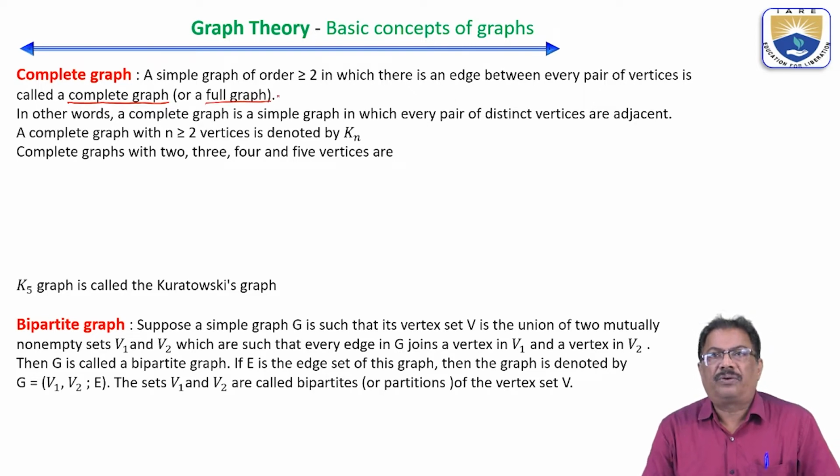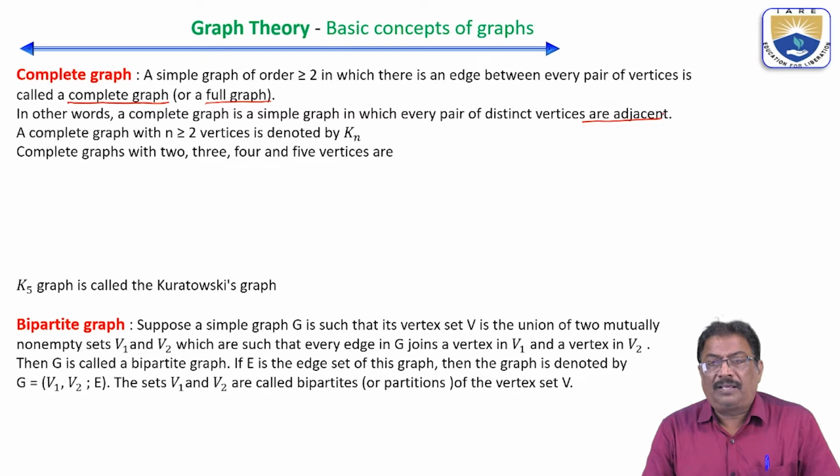That means if you consider any pair of vertices, there is a dedicated edge to that pair of vertices. Such a graph is known as a complete graph.